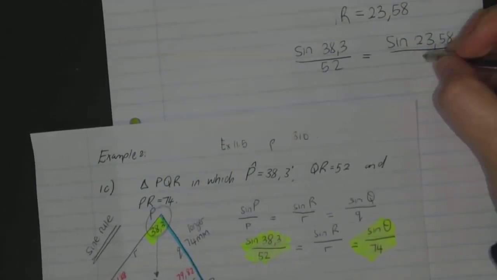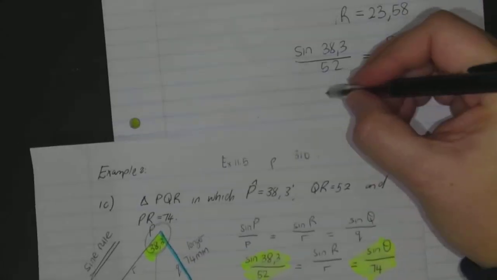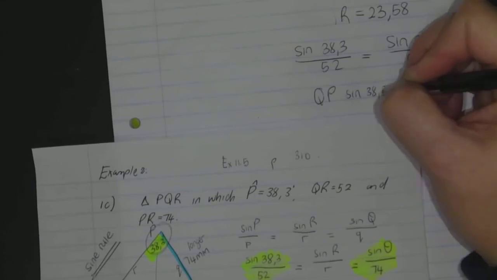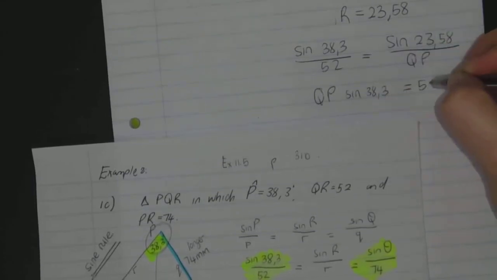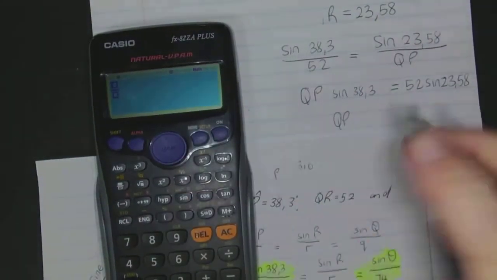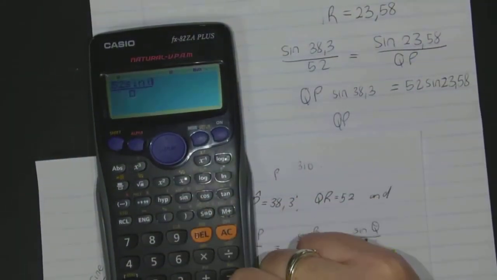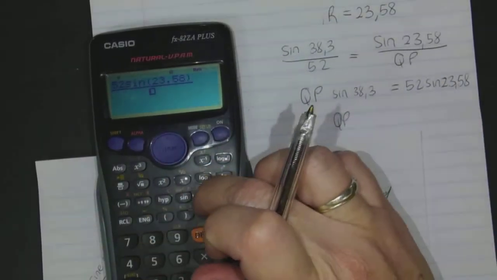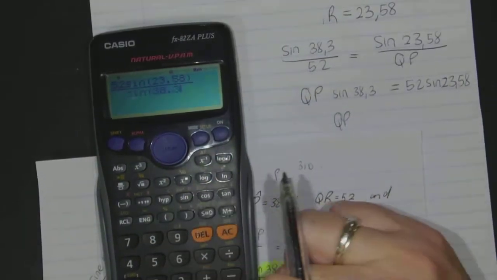23.58 over side QP. So QP sine 38.3 equals 52 sine 23.58. Okay, divide both sides. So QP is 52 sine 23.58 over sine 38.3.